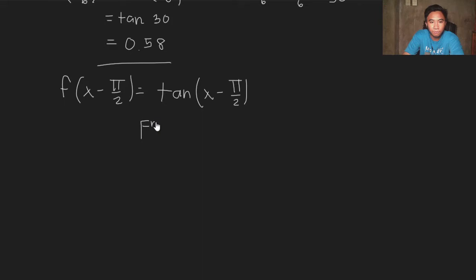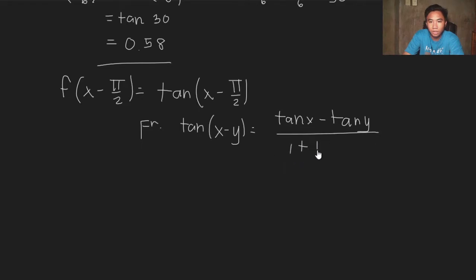From tangent of x minus y is equal to tangent x minus tangent y all over 1 plus tan x tan y. That is what we will use. So substitute.